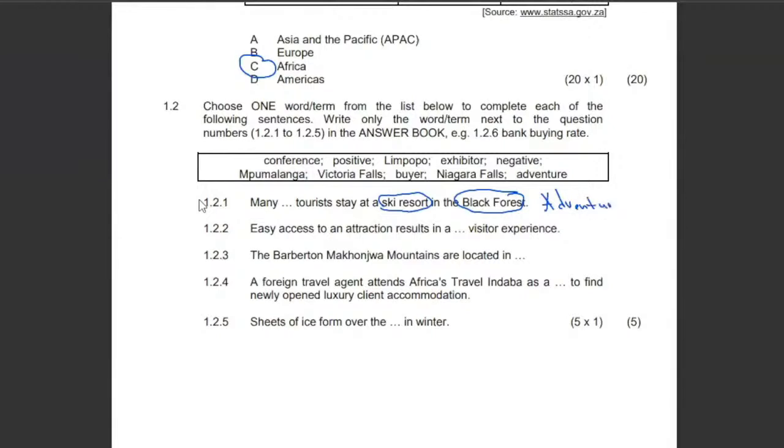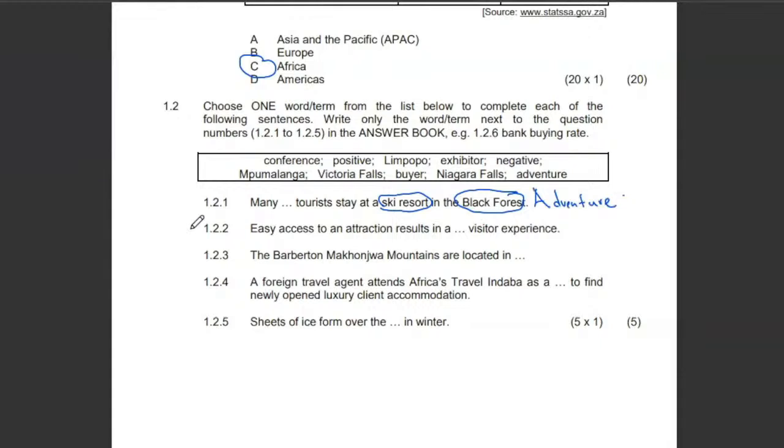Skiing is an activity undertaken by adventure tourists. So we are choosing adventure as our correct answer for that particular question. I'm going to write it right next to the question: skiing is done by adventure tourists.